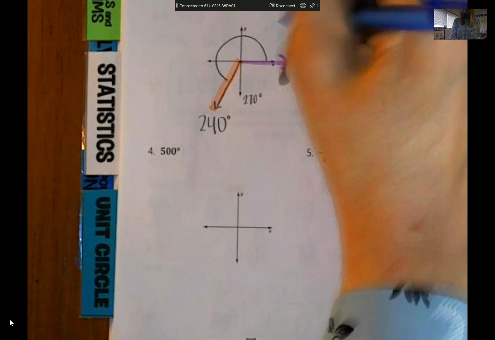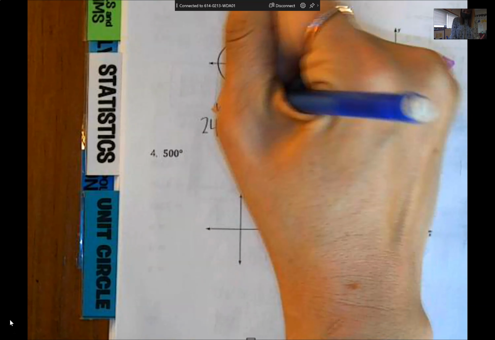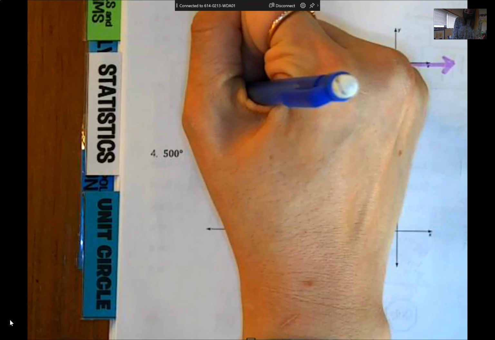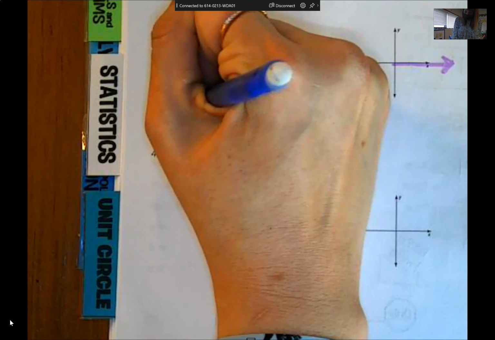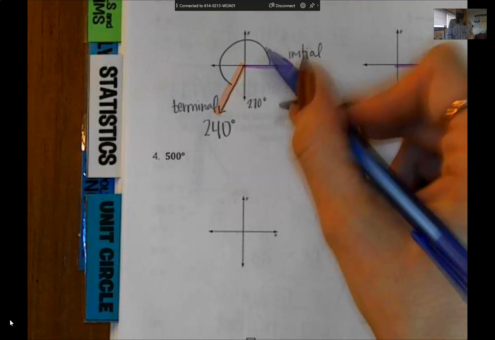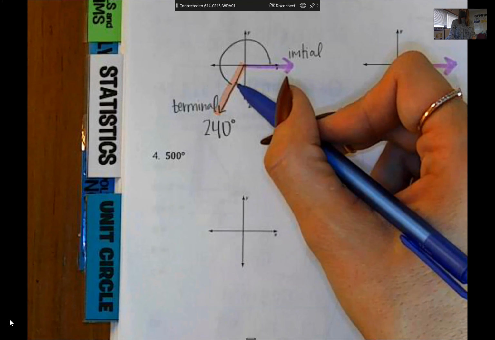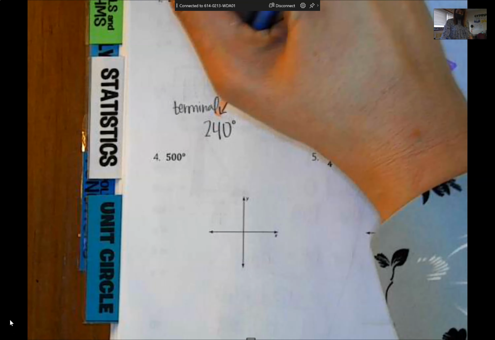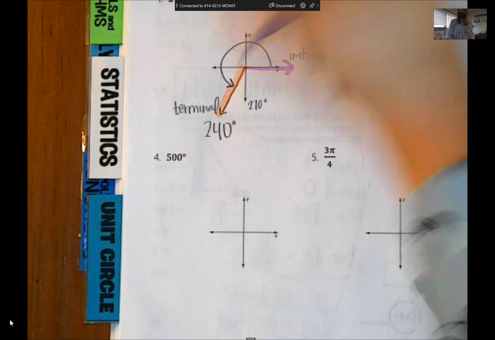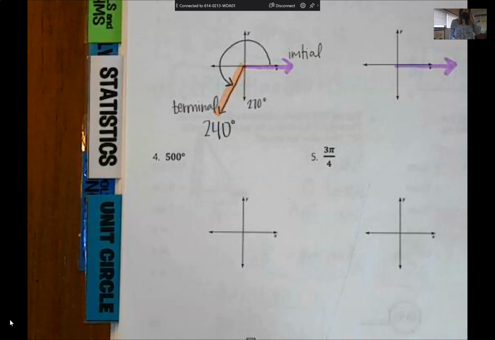So this is your initial side. This is your terminal side, the orange one. Okay. This is my angle. I got a big old ginormous angle. Probably be good if I put an arrow on it. Okay, not too bad. You guys are okay?